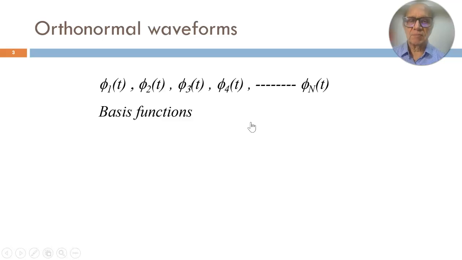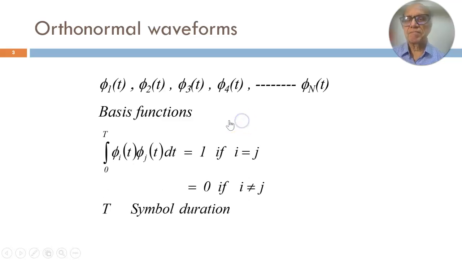They are explained by a couple of equations. Suppose I multiply phi_i(t) and phi_j(t), where i is equal to j, then I'll get 1.